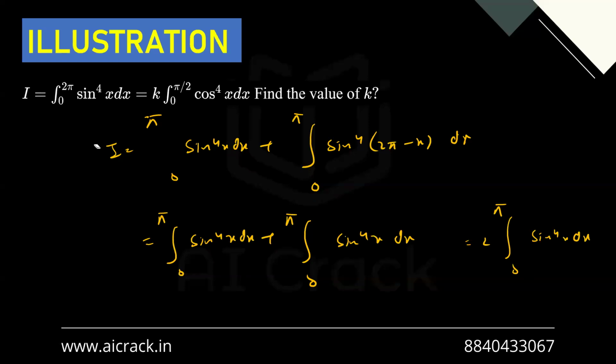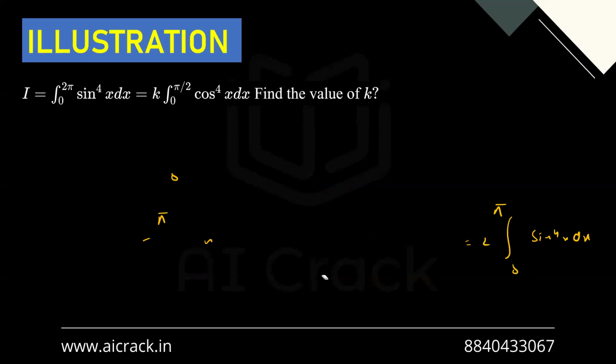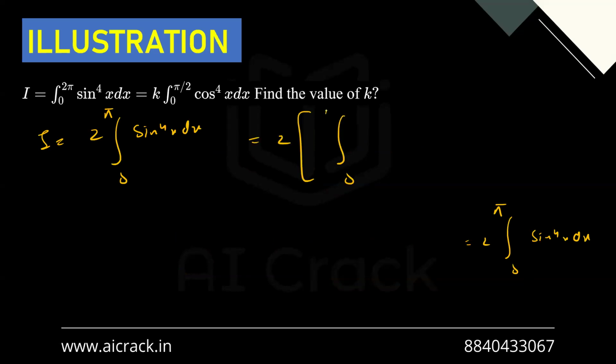Now we have I equals 2 times integral 0 to pi sin 4x dx. Again, we can use the same property, where now pi becomes 2a. So it becomes 2 times integral 0 to pi by 2 sin 4x dx plus integral 0 to pi by 2 sin 4(pi minus x) dx.